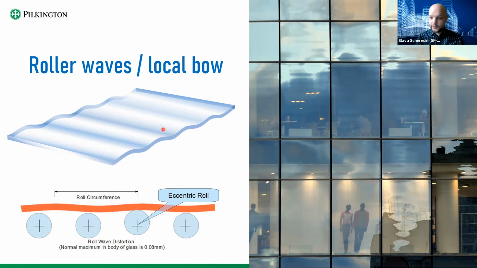First one, use thicker glass. My advice, if you're using dark or coated or reflective glass as an outside glass, and you are going to temper it, do not use 4mm glass, never. Go for 6 at least.